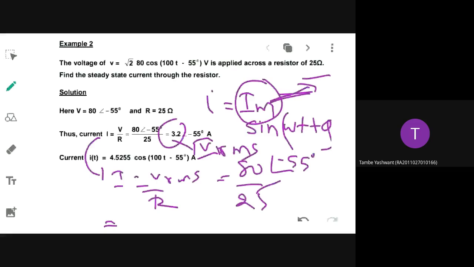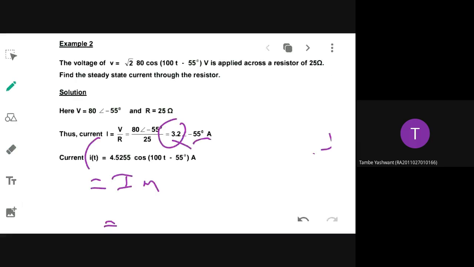So what can I do? I have to multiply by square root of 2. So what is the answer that you are getting? 4.48. This is my Im.